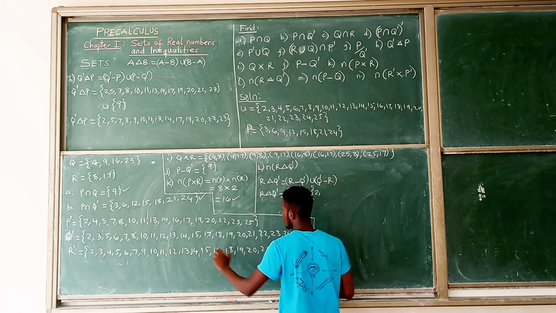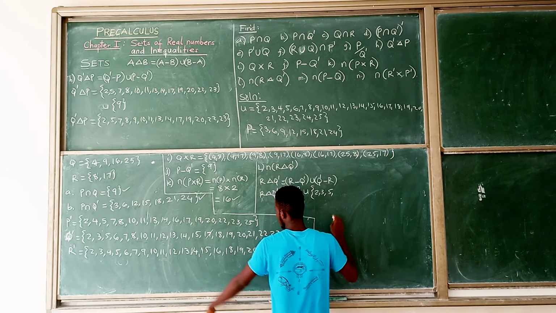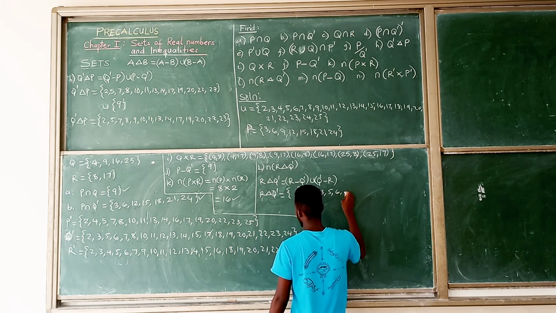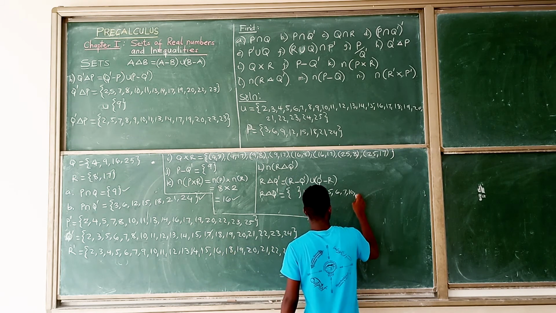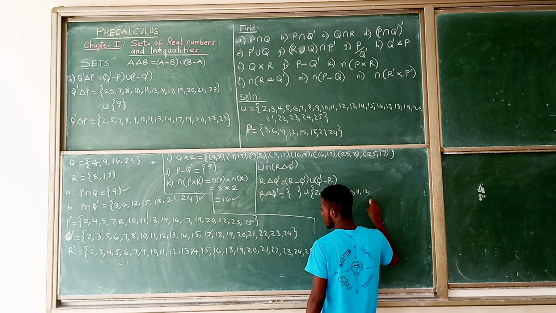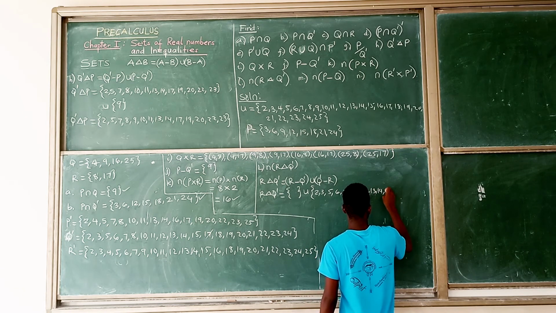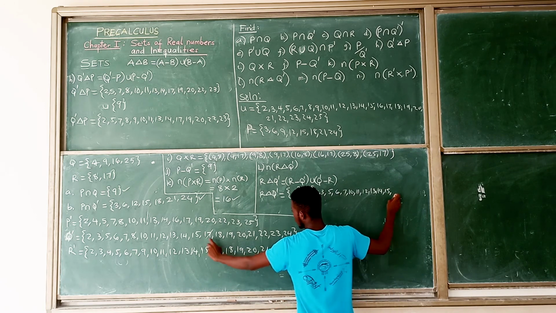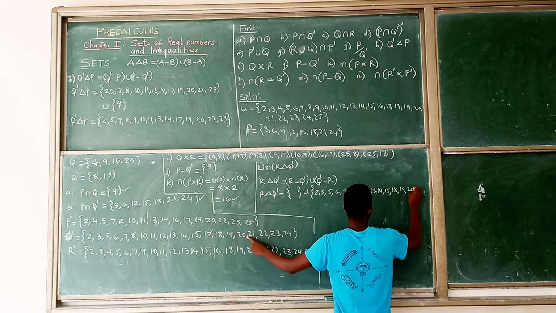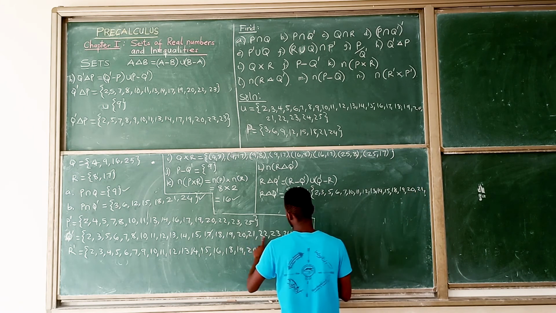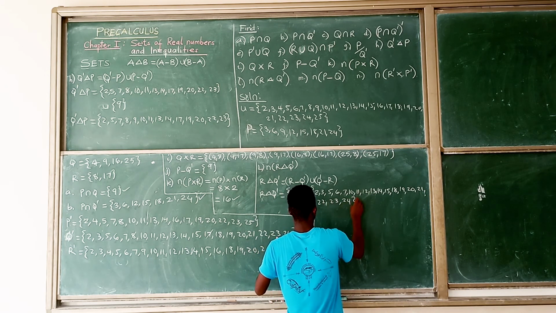We have 2, 3, 5, 6, 7, 10, 11, 12, 13, 14, 15, 18, 19, 20, 21, 22, 23, and 24.